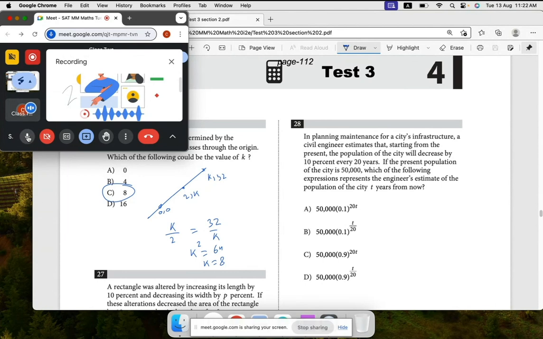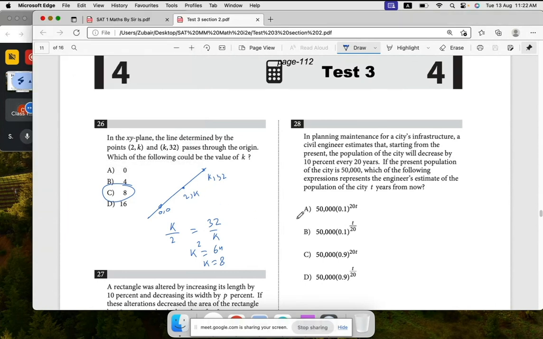Yes, done. 28. What was that? I got C as my answer. C. Mahad, what did you get? So I got D, but I think it is C. No, it should be D. Yeah. Can't hear you. D, so D. So we have different answers. Okay.